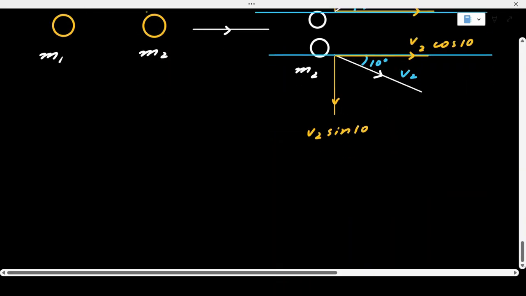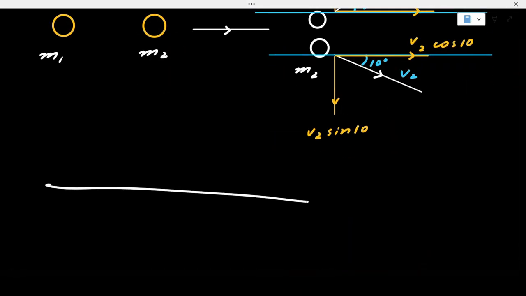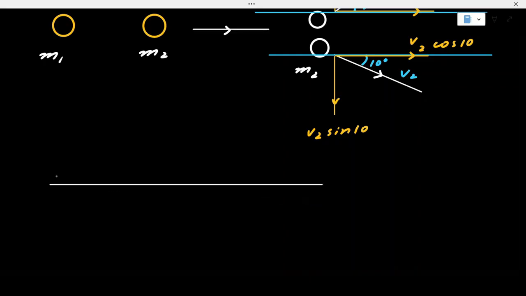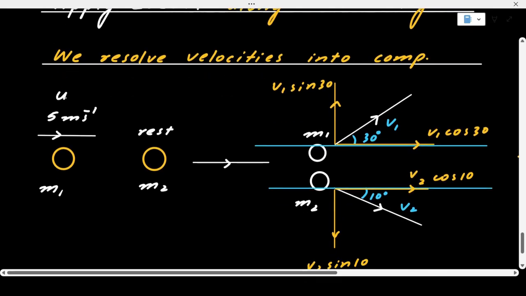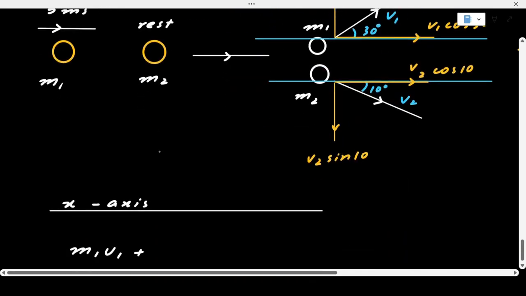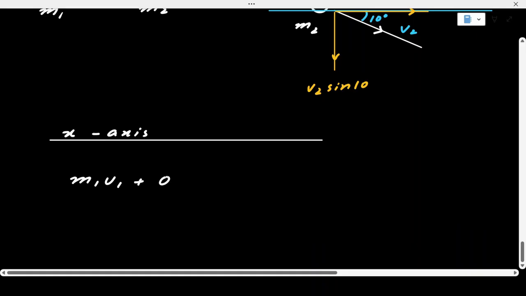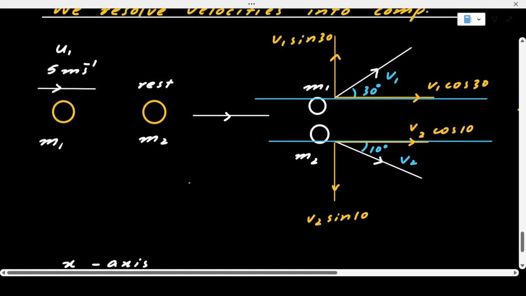What do you do now? Let us apply the law of conservation of momentum along x-axis first. So m1 u1 plus the momentum of the second, which is 0. I don't even need to write 0, but I'm just writing it anyway.